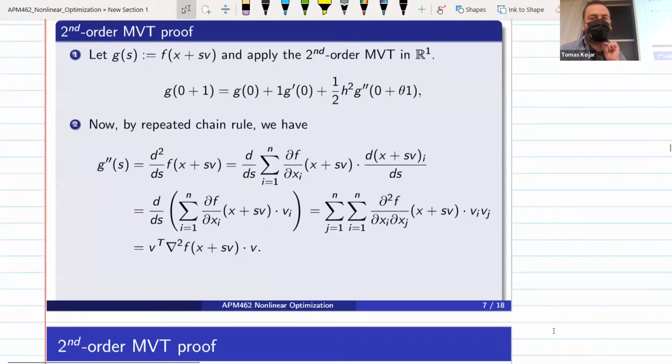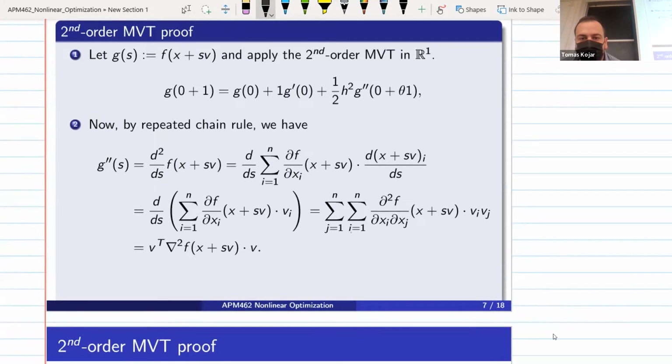But then you stare at this and you're like, oh, this is just the quadratic form from before. Let me do it step by step.